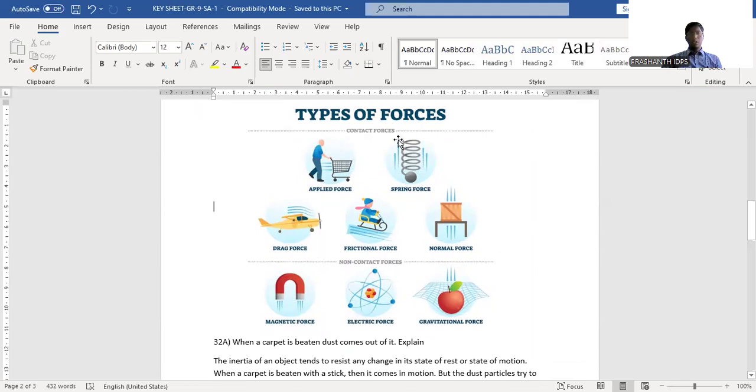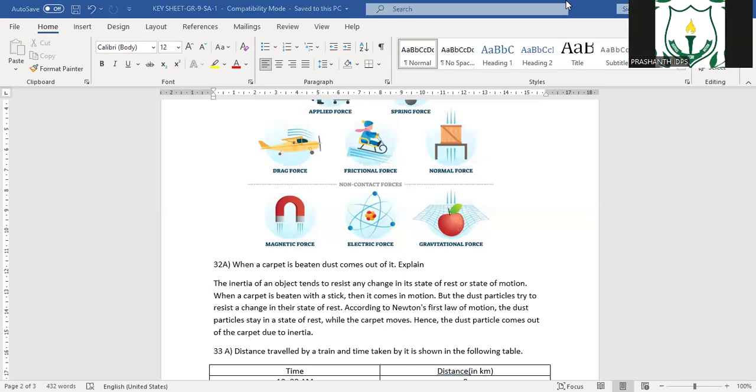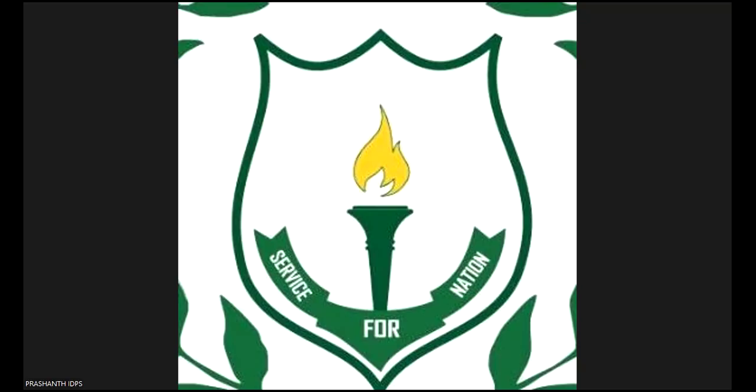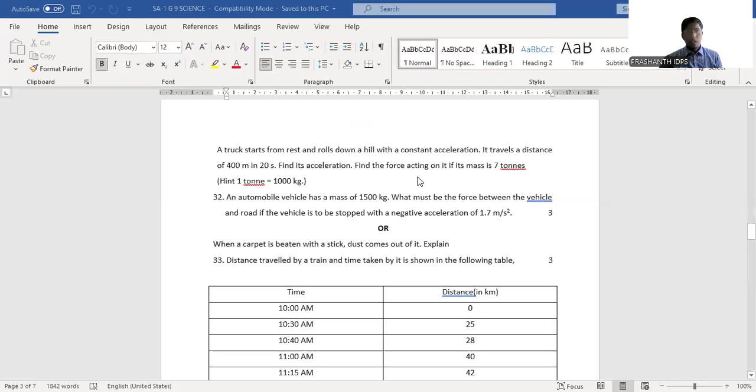This is about the 31st question. From here onwards you have a choice. Let us discuss the next example problem. So in the 31st you have an internal choice, right?